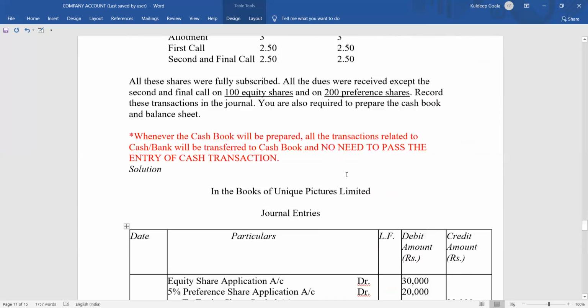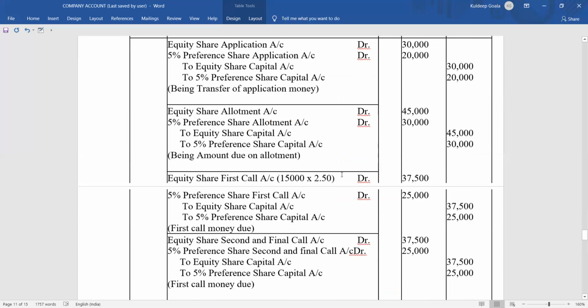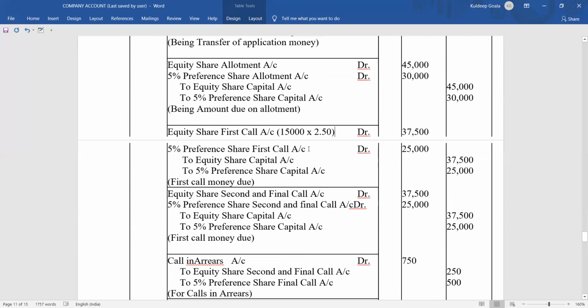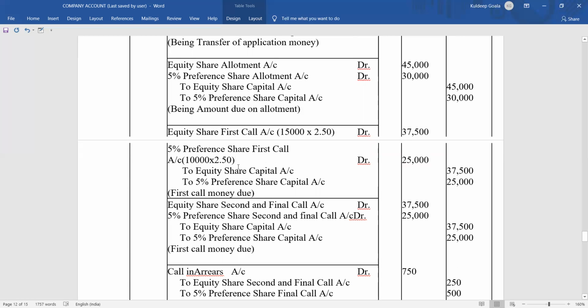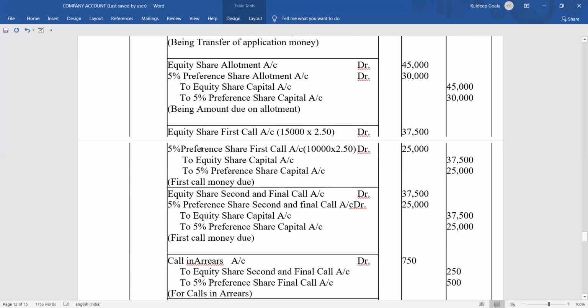In case of first call of preference, per share it is 2.50, but the total amount will be different, 10,000 into 2.50. So it is coming 25,000.